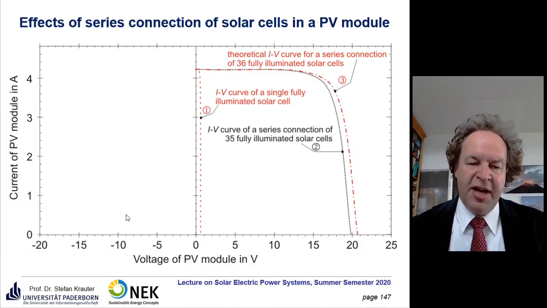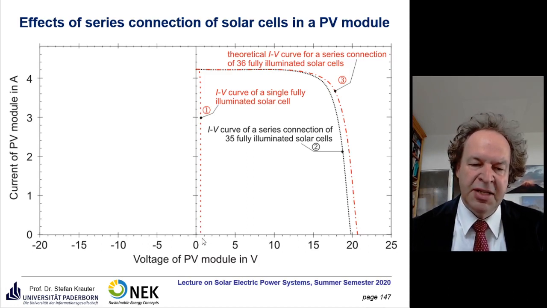Here we see the effect of the interconnection of solar cells. Compared to the other IV curve, which was at 1 volt maximum, here we have 5 volts as maximum. So the voltage of a single cell is very small here.